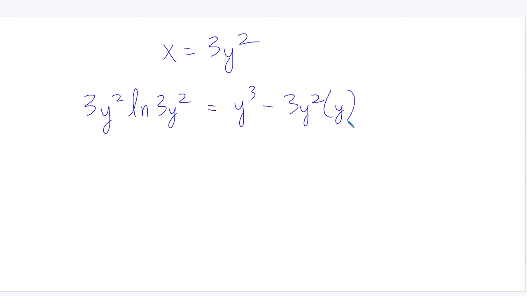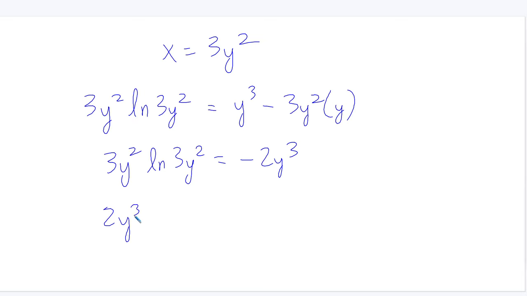If we simplify this down a little bit, we end up with 3y squared ln 3y squared is equal to y cubed minus 3y cubed, so that'd be a negative 2y cubed. If I bring that over to the other side, we should end up getting 2y cubed plus 3y squared natural log of 3y squared equals 0.